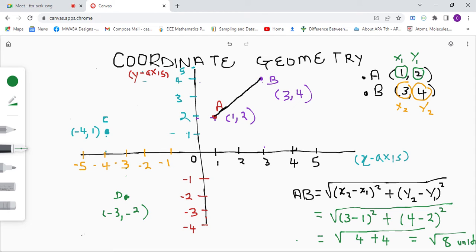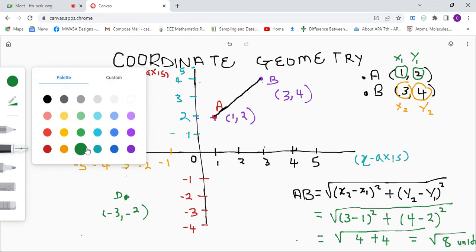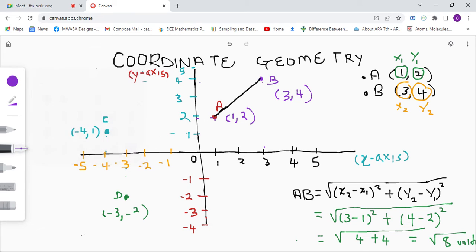Let's try to connect CD. Okay, CD here. Connect this. So our line is now CD, and we want to find the length of CD. So what you're going to list first, you say point C. The coordinates of point C are -4 and 1. Coordinates of point D, -3 and -2.